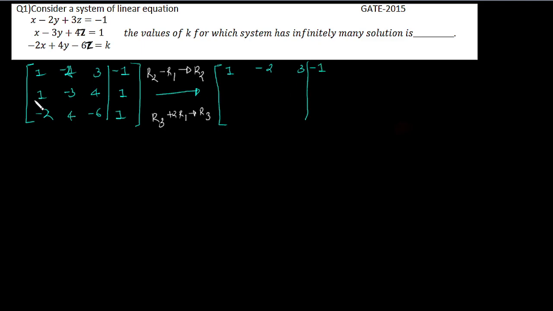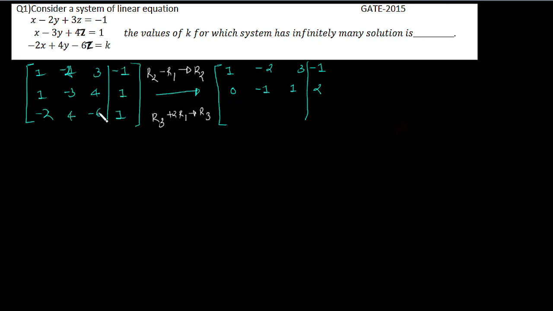Now the second row: here we have 1 minus 1 from the first row, we get 0. Here we have minus 1. Here we have again plus 1. Now here we are getting 2, because we have multiplied minus 1 with this row and added it to the second row.